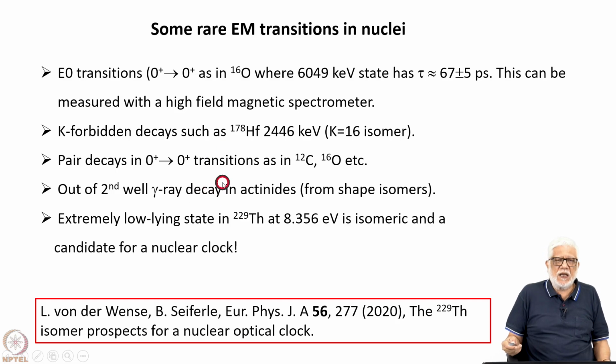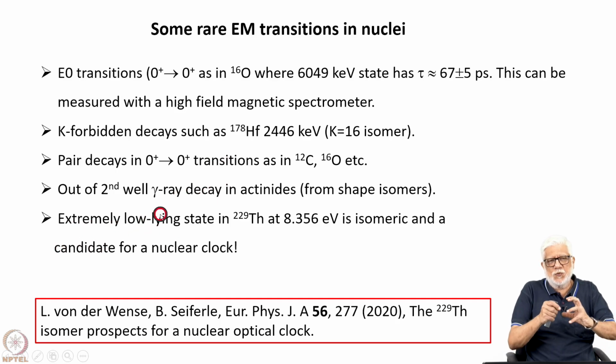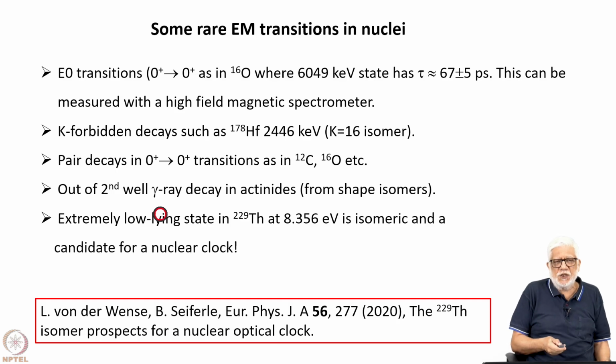But if it decays by gamma rays, it has to come back to the first well. Since there is a small overlap between these two structures because of the large difference in the shapes, usually these states are isomeric, but these have been measured in a few cases.